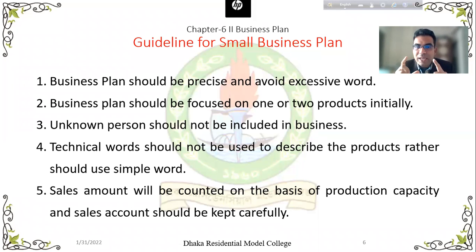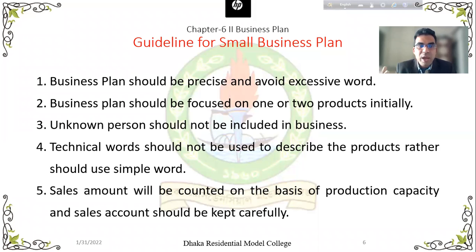বলছে যে একটা পণ্যকে ডিসক্রাইব করবার জন্য তুমি টেকনিক্যাল ওয়ার্ড ইউজ করবে না, তাহলে কি ইউজ করবে? সিম্পল ওয়ার্ড ইউজ করবে, so that the people or the members of your institution can understand easily.